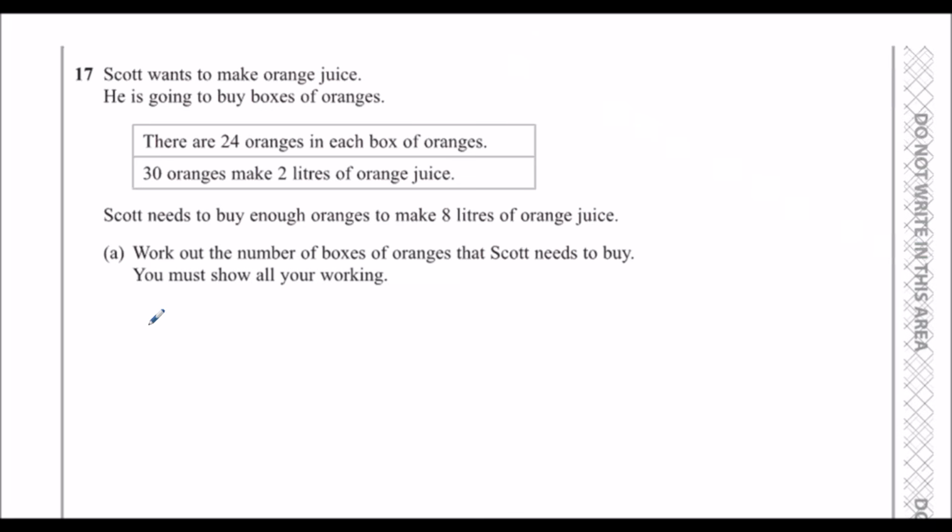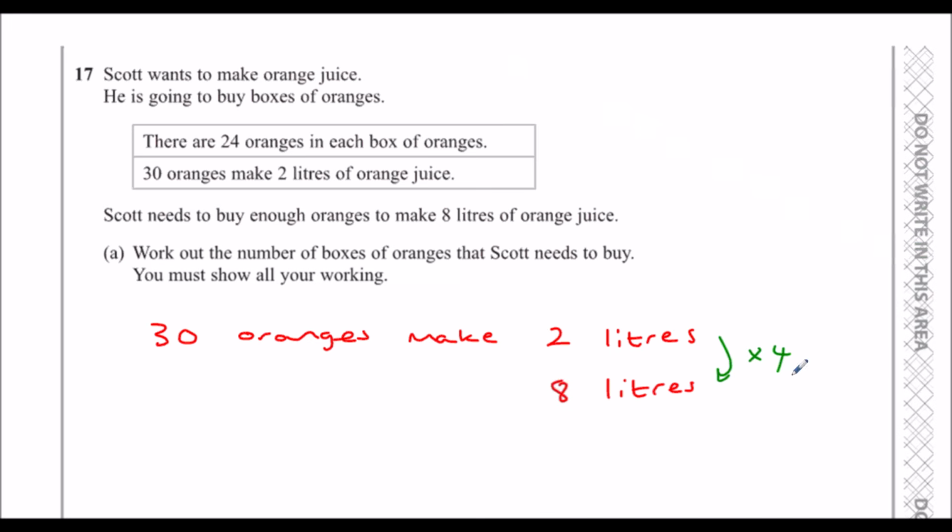So 30 oranges make 2 liters, and he's going to make 8 liters. So we need to multiply this by 4. So 2 times 4 is 8.